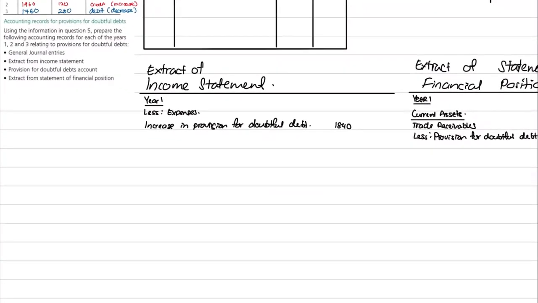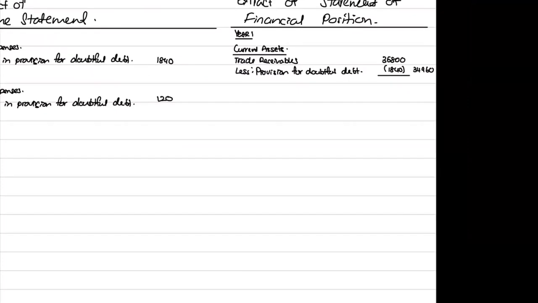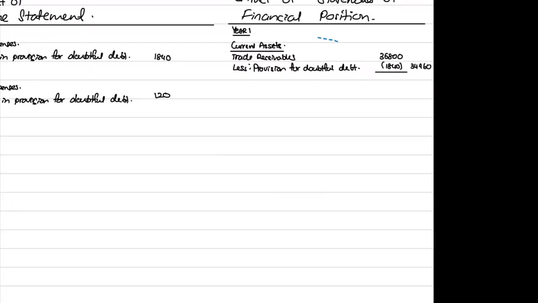I'm just gonna let me copy this down for year 2. Because year 2 is exactly the same, just a different number. 120 here. Same goes to this one. They are the exact same thing, but just a different number.